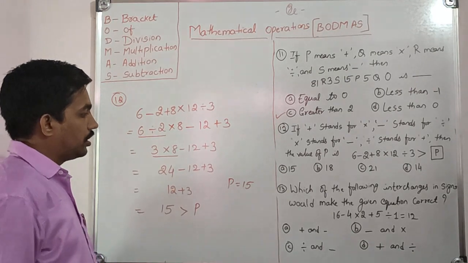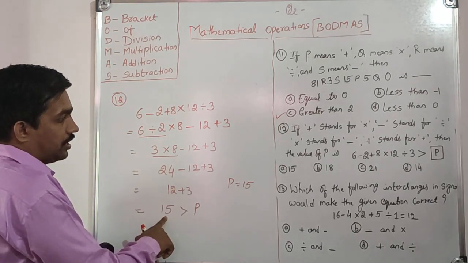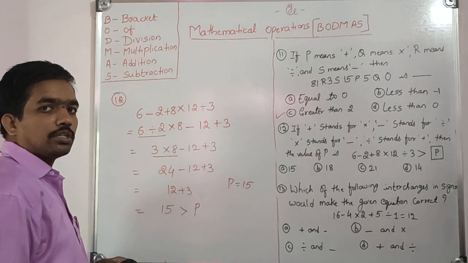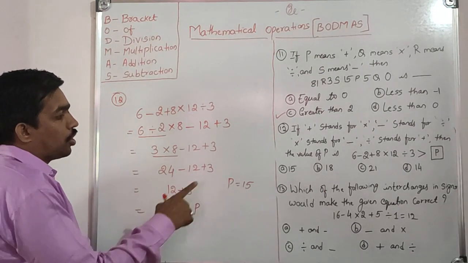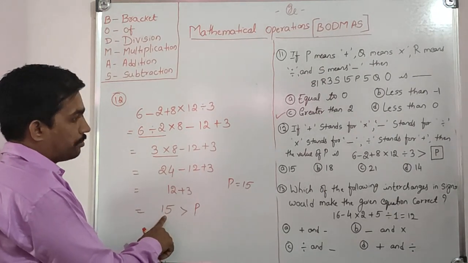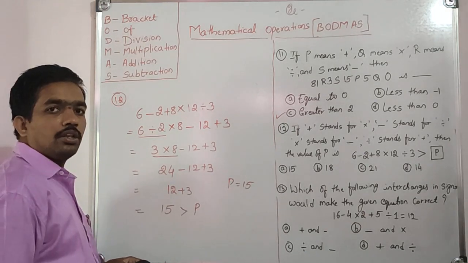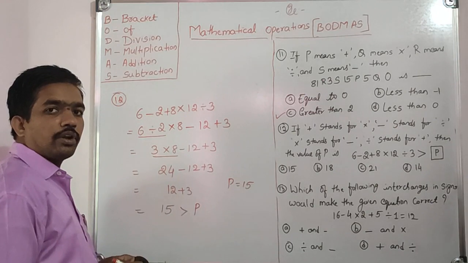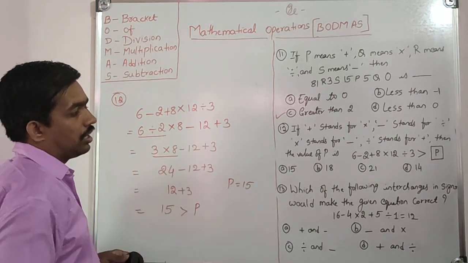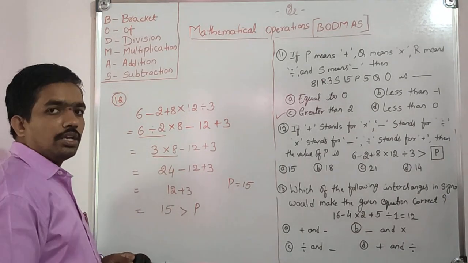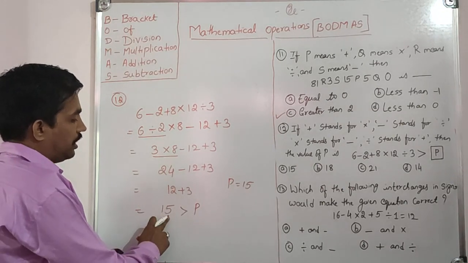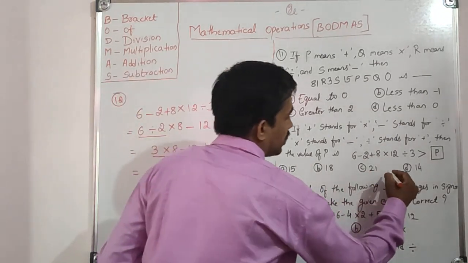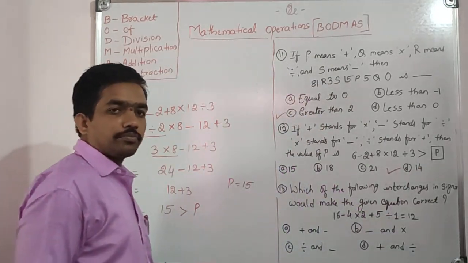Is this answer greater than option A? No, it is equal to option A. And then go to option B. Is this number greater than 18? No. Then go to option C. Is this number greater than 21? No. And the last option is D. So this number is greater than 14. So our answer is 14.